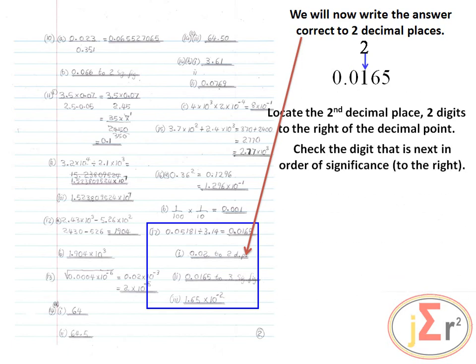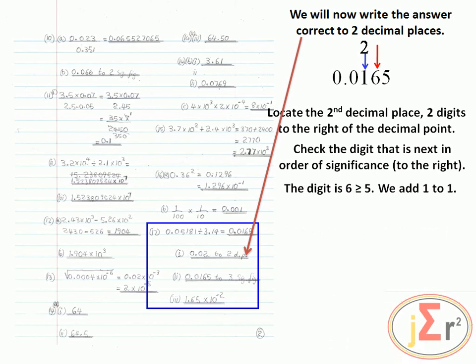Check the digit that is next in order of significance, the one that is located to the right. Is it 5 or more? Yes, it is 5 or more. So the digit is 6, and of course 6 is greater than 5.